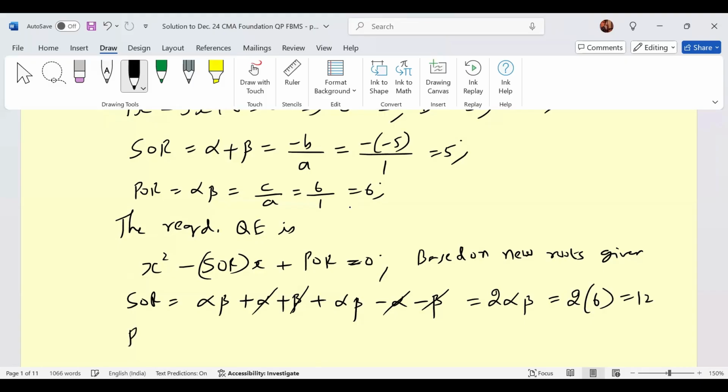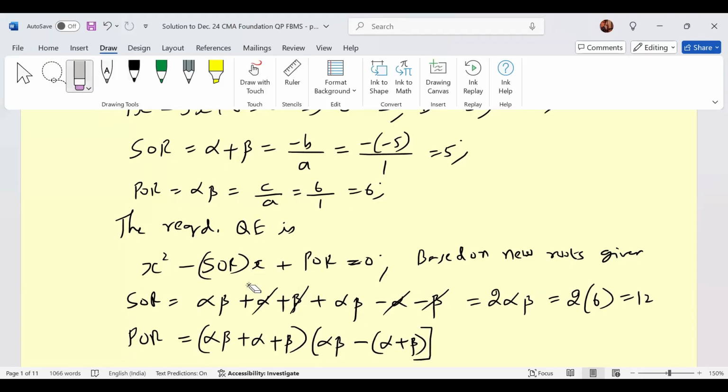Next, the product of the roots will be alpha beta plus beta. This is one root. The other root can be written as alpha beta minus beta. So this is like a plus b into a minus b. We can write it as a square minus b square.